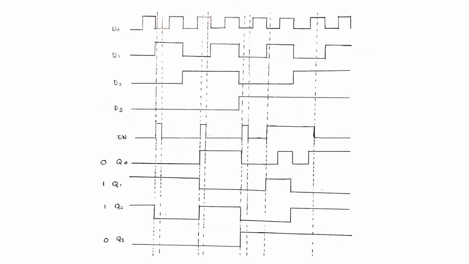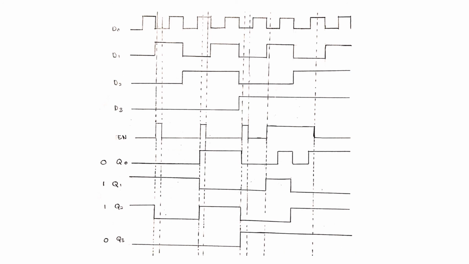So, this is the output waveform for Q0, Q1, Q2, and Q3. As we can see, Q0 will start the output waveform with 0, Q1 will start with 1, Q2 will start with 1, and Q3 will start with 0.